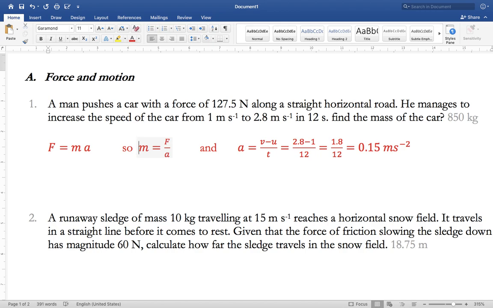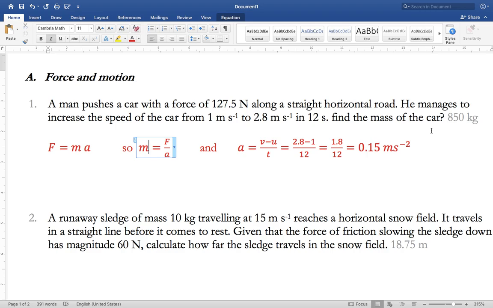And a, as I mentioned before, equals v minus u divided by t. So we get 2.8 minus 1 divided by 12, or 1.8 divided by 12, which equals 0.15 meter second minus 2. This is the acceleration.